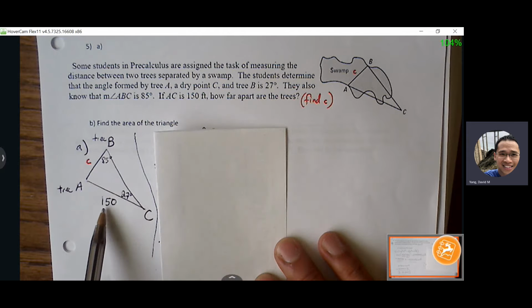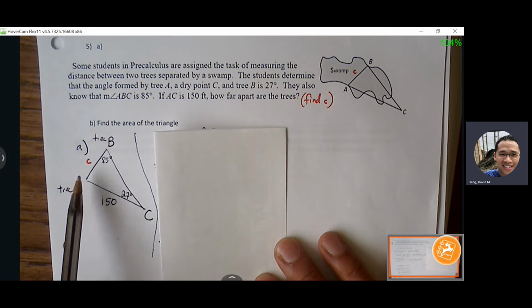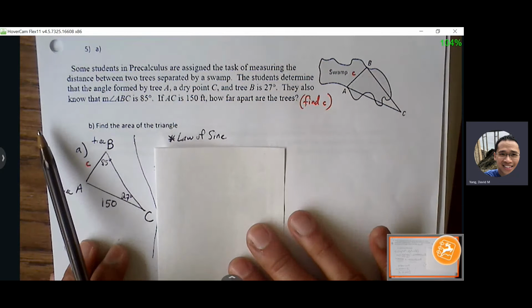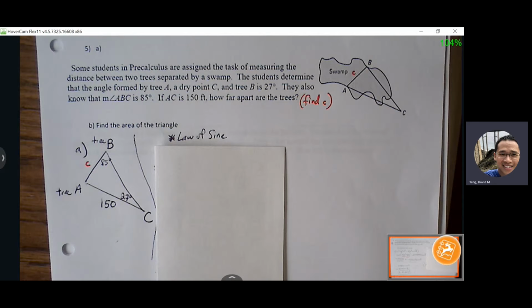If AC is 150 feet, how far apart are the trees? So we're talking about tree A and tree B. We're ultimately looking for side C. So I think law of sines can help us get there. Side length over offset angle equals side length over offset angle. So that's part A. Part B, we're going to find the area of a triangle.